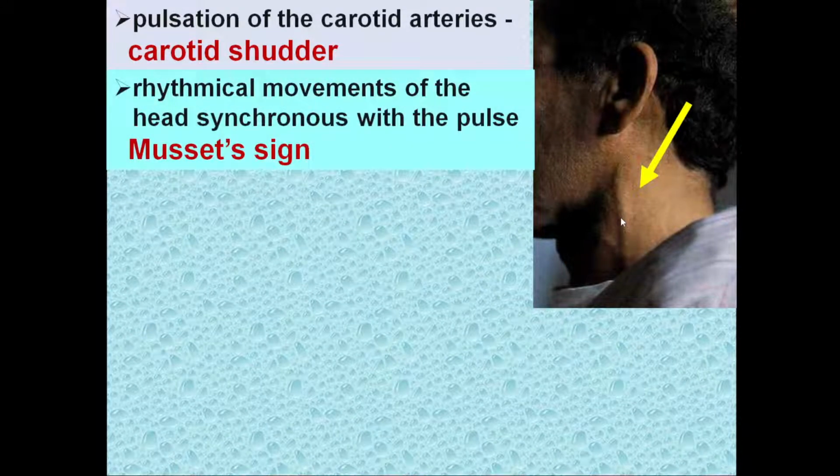Together with pulsation of the carotid artery, we see rhythmical movements of the head, which are obligatorily synchronous with the pulse. I'll draw your attention to this sign: movements of the head are obligatorily synchronous with the arterial pulse, because asynchronous movements of the head are characteristic of neurological pathology, Parkinsonism.